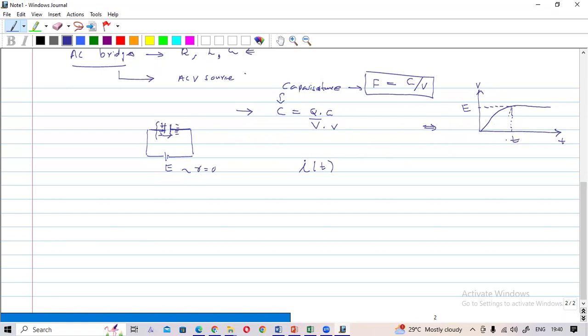So this is the charging time of the capacitor. And you can see that here the capacitor voltage is changing from 0 to maximum. This condition we name as the transient state.